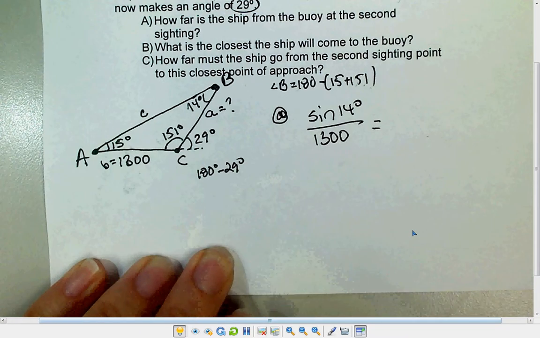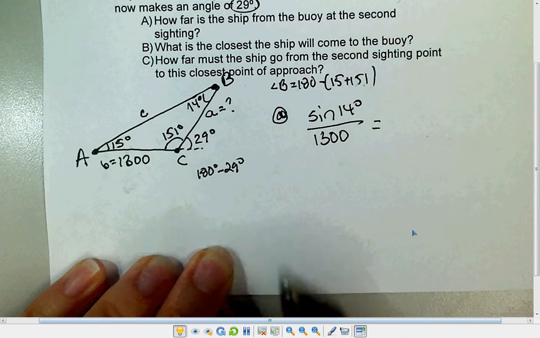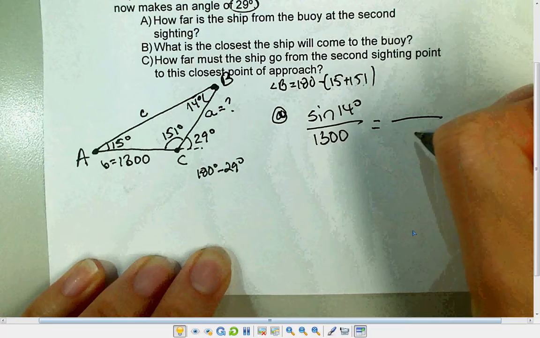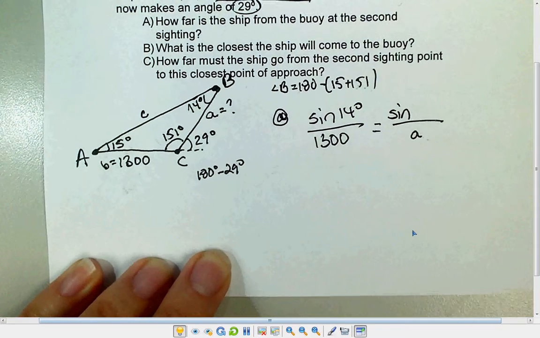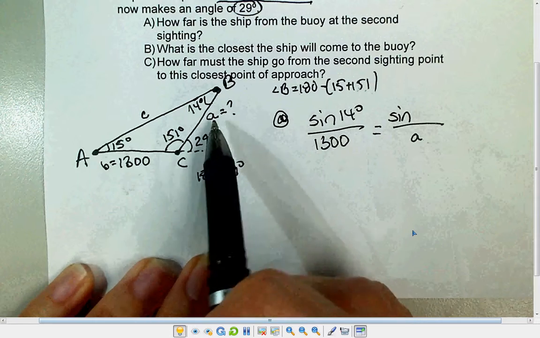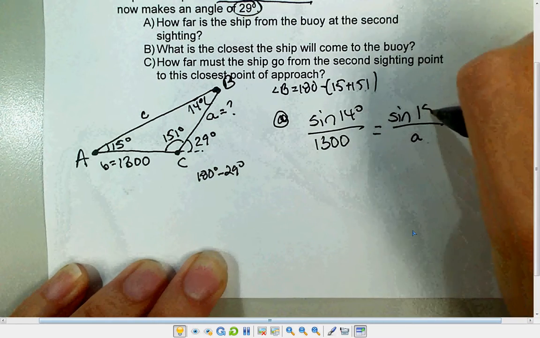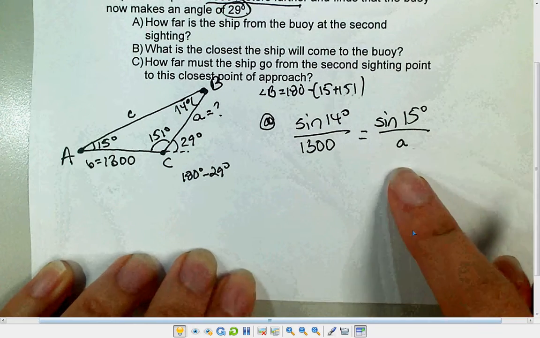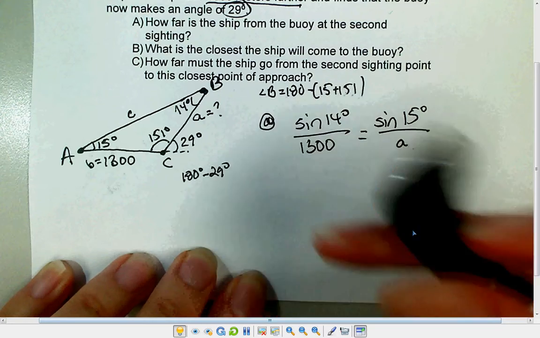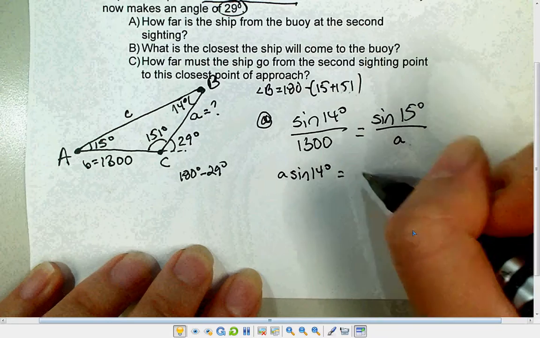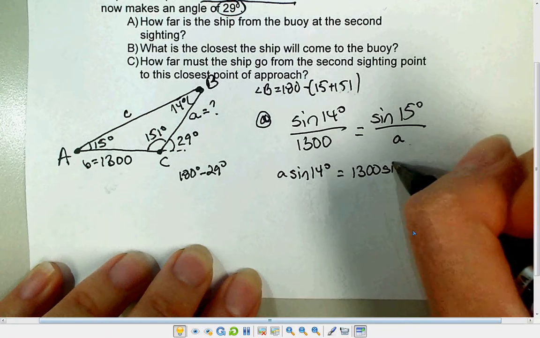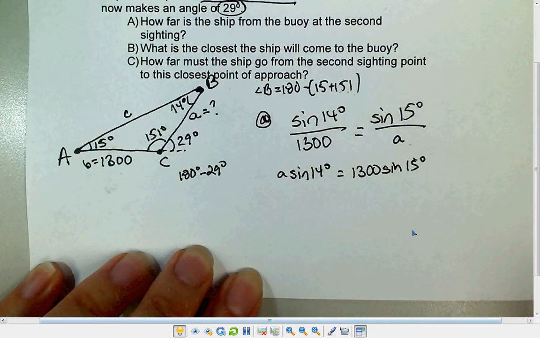So B and B. And we're solving for little a, which is a side, so that goes down here. And we do know the angle A, which corresponds with side A, is 15 degrees. So now I'm just solving for A using law of sines. So I'm going to cross multiply. And then get A by itself.